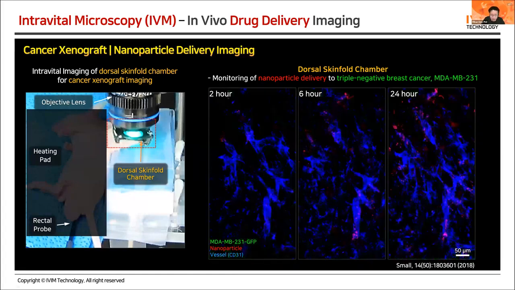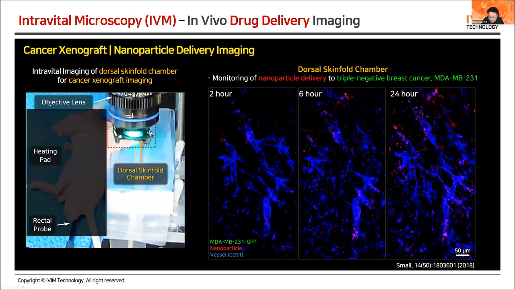At 2 hours after intravenous injection of this nanoparticle, it first appears mainly inside the vessel. At 6 hours, we can see a small portion of the red fluorescent nanoparticles get out from the blood vessel, like here and here.